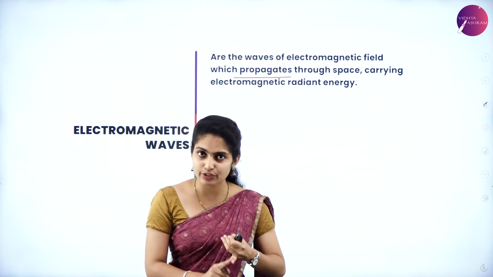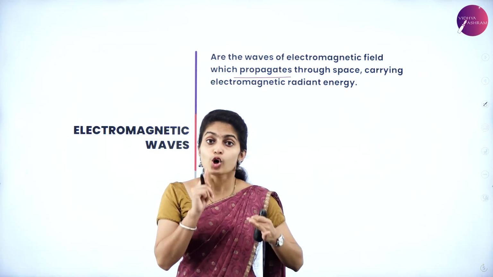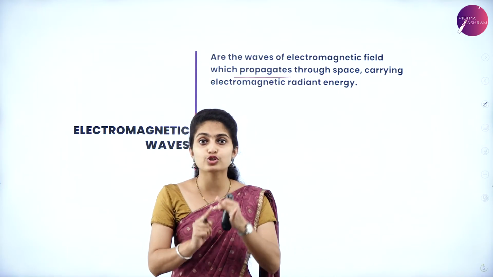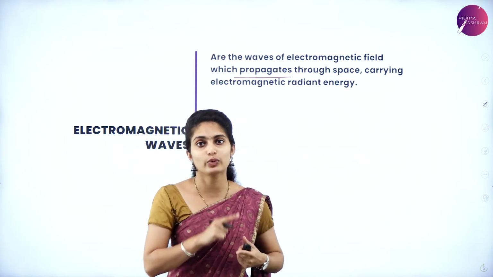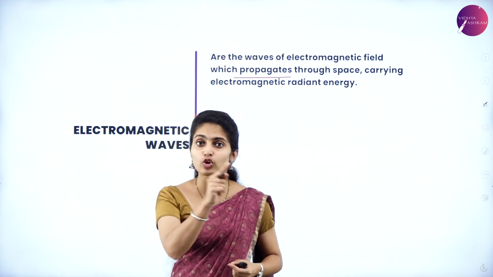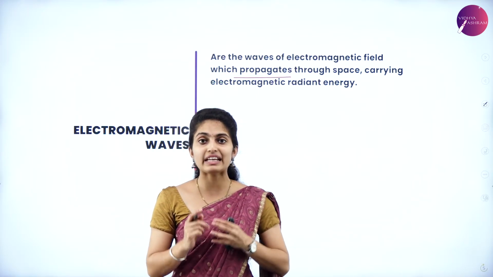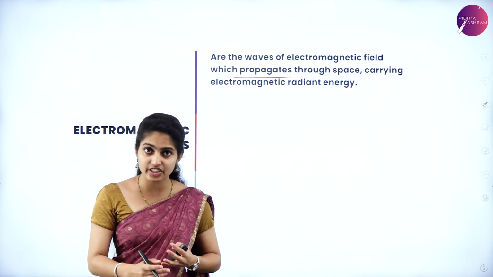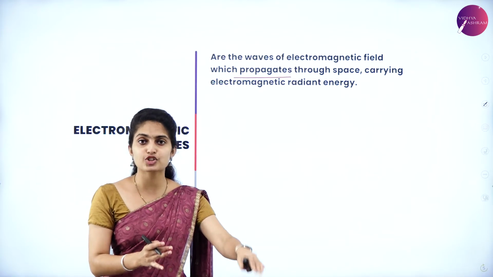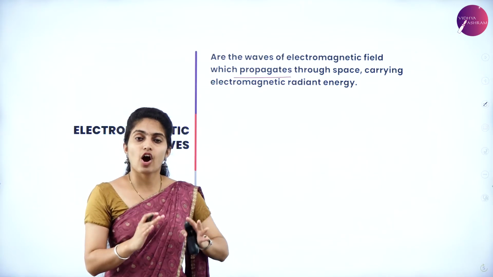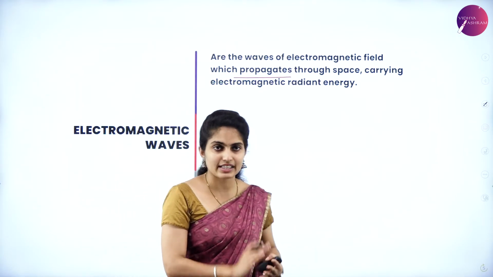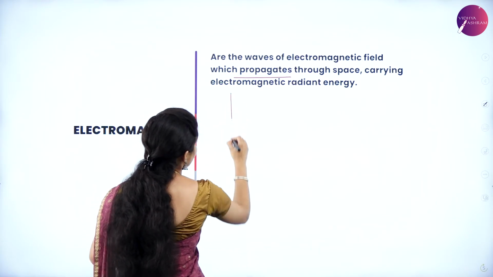That means the electric field and magnetic field both exist together to form electromagnetic waves. Okay. So both are perpendicular to each other. The field lines are perpendicular to each other as well as to the direction of propagation, and everything moves towards one side. So it is like the sinusoidal wave.